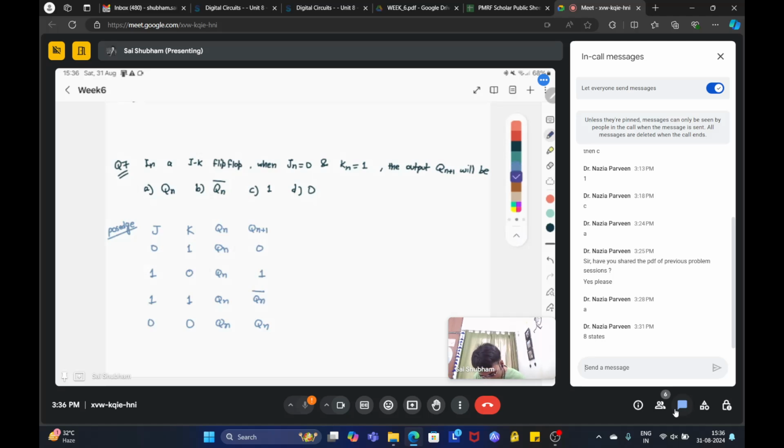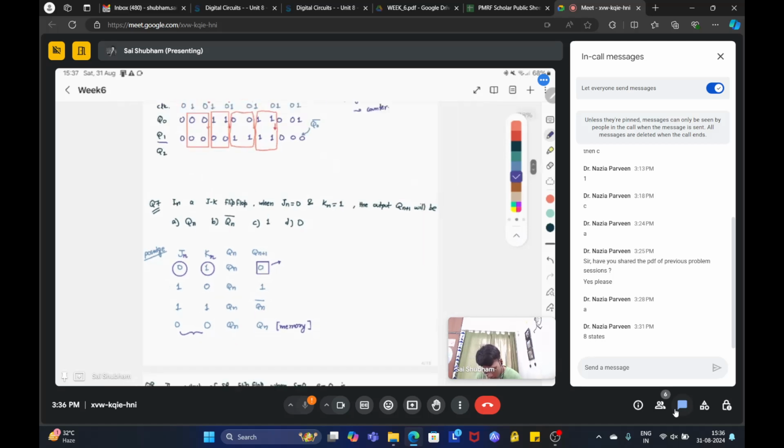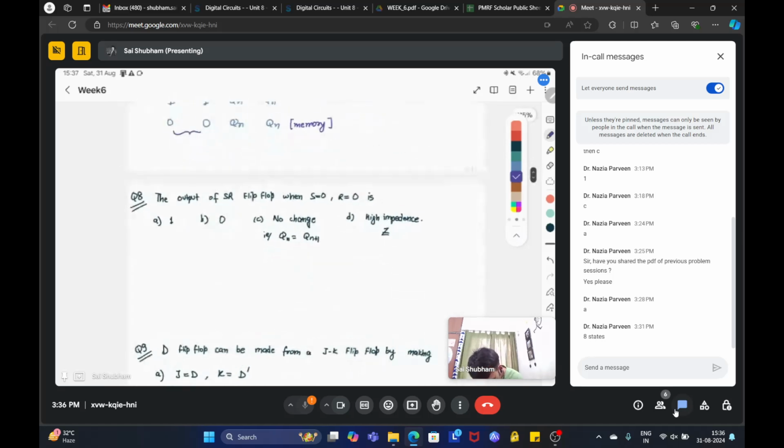Actually, I had already discussed the solution, so this question is redundant. Whenever you have Jn equal to 0 and Kn equal to 1, the output will be 0. The only condition when it will act as a memory is when both Jn and Kn are 0.